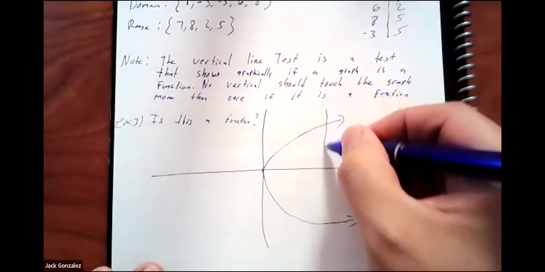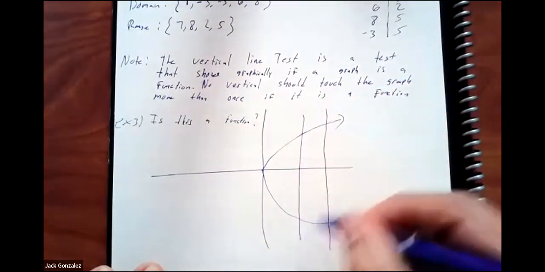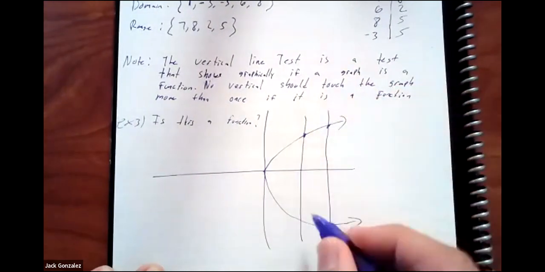If you draw vertical lines through it, you should see them hitting twice every single time, right?